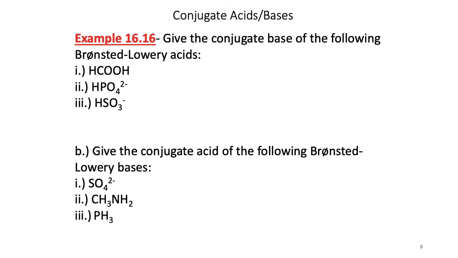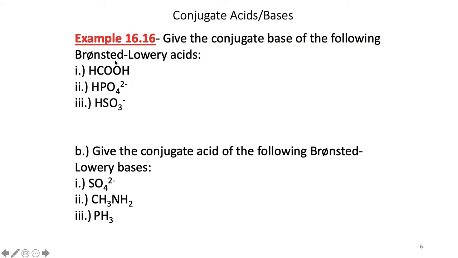This is how we figure out the base and its conjugate acid. Let's look at some examples. Let's talk about the conjugate base of the following acids. It's telling us that these are acting as acids, which means that they're donating an H plus. So if I start with HCOOH, I need to donate an H plus, so I cut out a hydrogen.